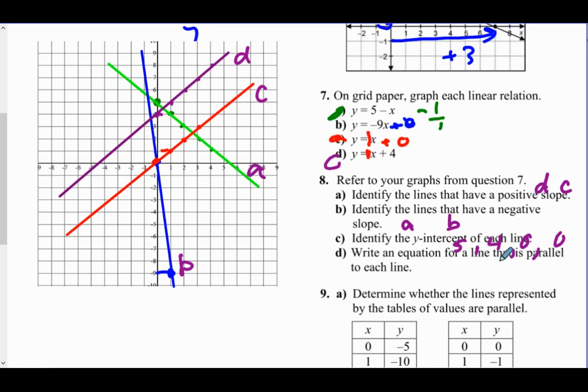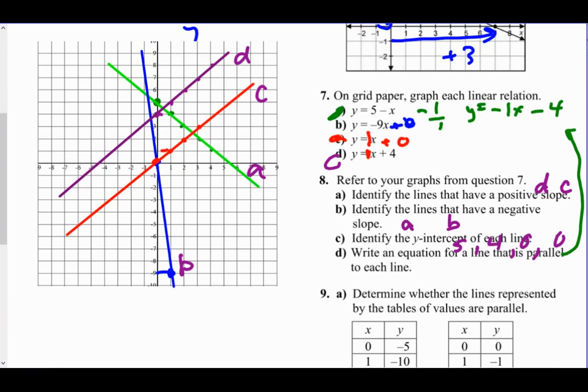The equation of a line that is parallel to each line. Okay, well, we're running out of space here, but let's say over here on this side. A parallel line to this could be y equals, let's just say we have our questions up here, y equals anything negative 1x, I don't know, minus 4, as long as these are the same.